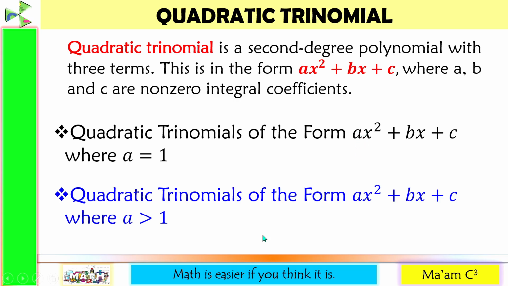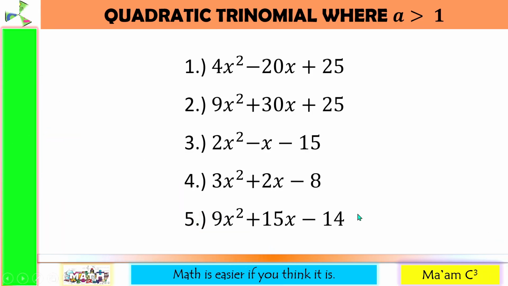This time, we will focus our discussion on quadratic trinomials where a is greater than 1. Here are some examples. Notice that there are constants in front of a variable raised to the second power. These are all quadratic trinomials where a is greater than 1.